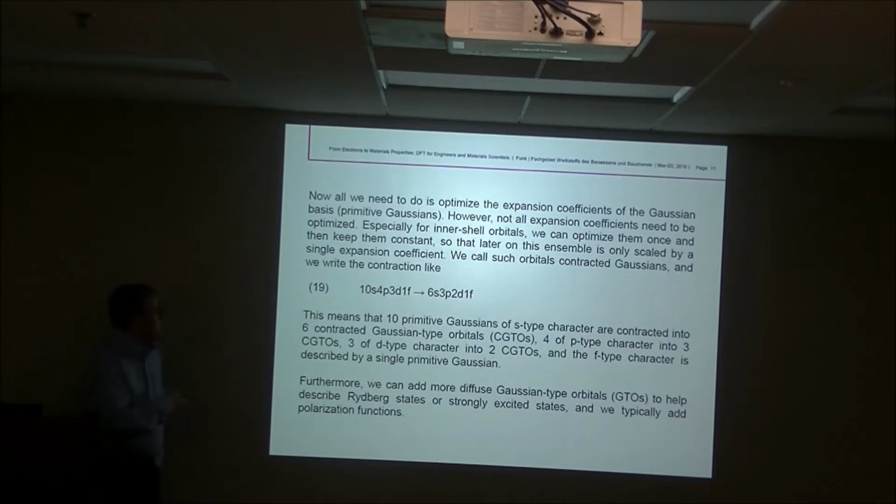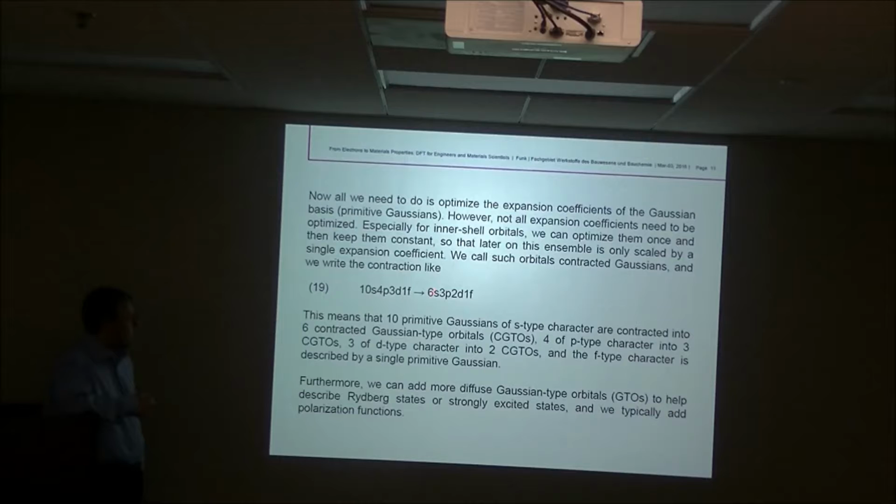And a little nomenclature, we find this in the description of basis sets. On the left-hand side, you see the primitive Gaussians. And on the right-hand side, you see what is left after contracting them. So what does it mean? We have 10 primitive Gaussians of S-type character.